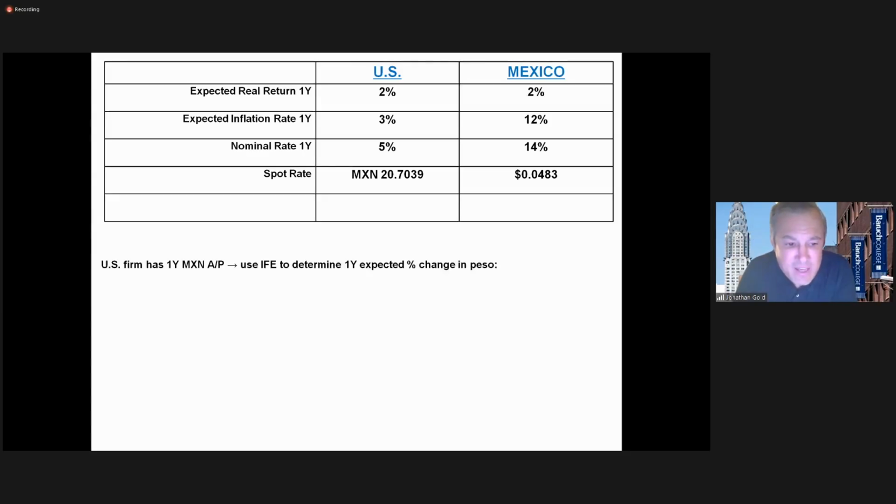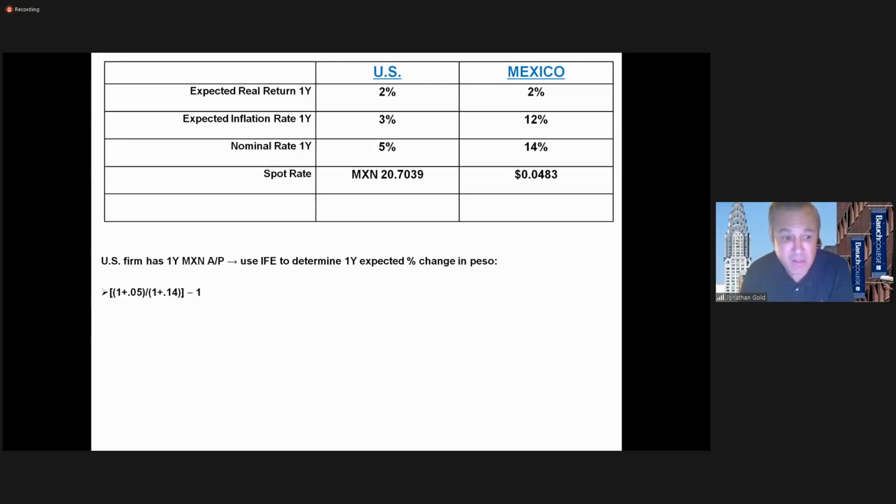If a US firm has a 1 year Mexican peso payable, the question is use IFE, the Fisher effect, to determine the 1 year expected percent change in the peso. We're just going to use Fisher, right? You just say 1.05 over 1.14 minus 1, the home rate over the foreign rate minus 1, tells us 7.89%. What does that mean?